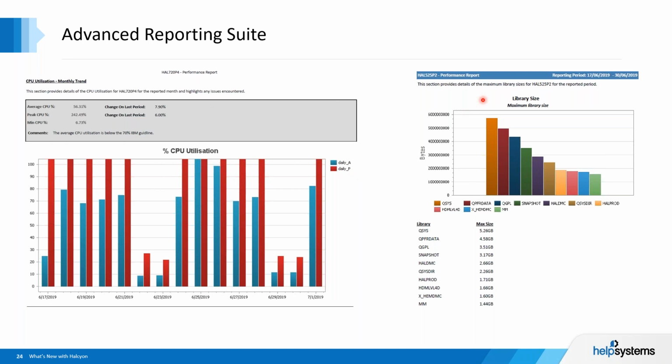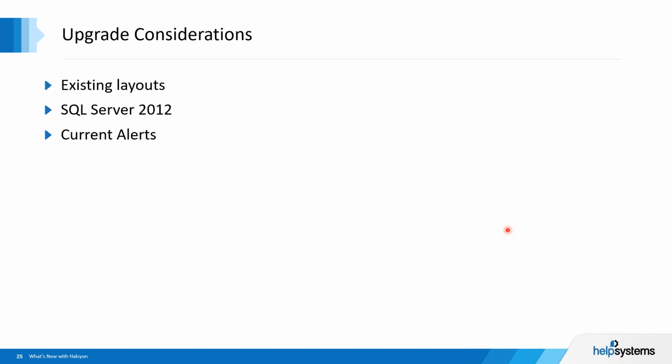And this is something else that you can do within the reporting suite. Once you've got the Advanced Reporting Suite installed, it's all templated. So you can produce a report that tells you your top 10 library sizes over a particular day or month. Lots of flexibility in ARS now.